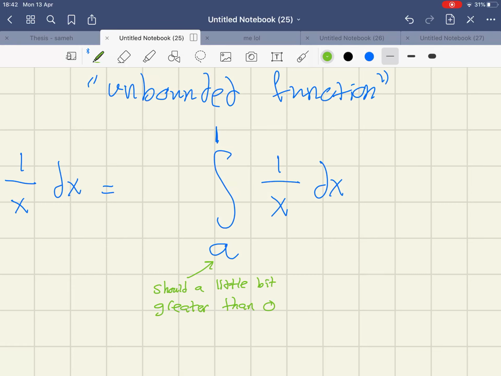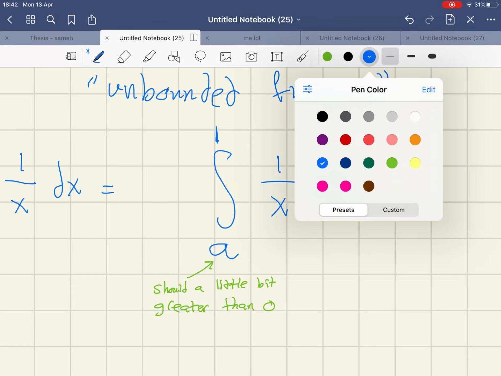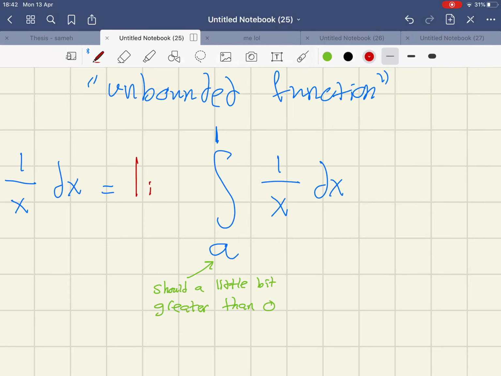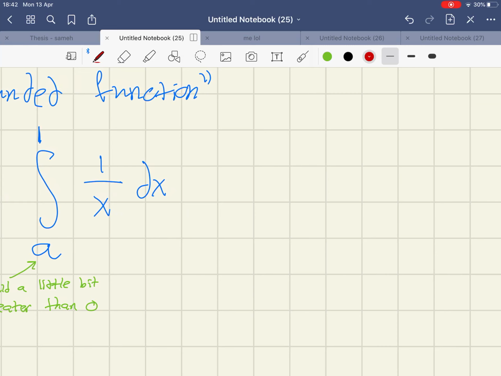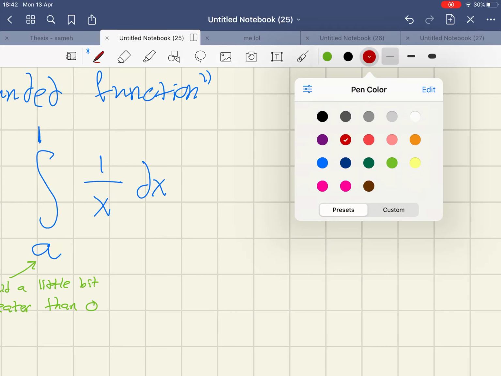And if you translate this into a limit, this means I need to take the limit as a goes to 0, but not exactly 0. It is a little bit greater than 0, so it will be 0 plus. Okay, and that's how we do the integral. Now, without the limit, this is an easy integral.